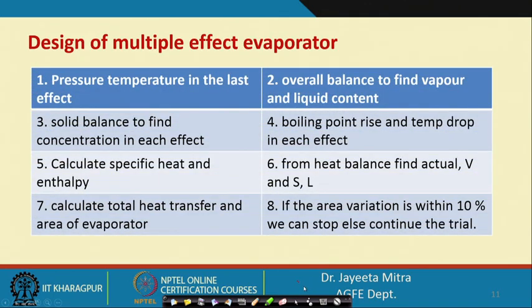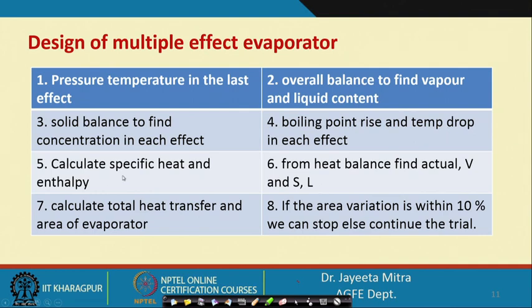So, steps will be this way. First is pressure and temperature in the last effect, because the pressure is given, so temperature correspondingly we can calculate. Then an overall balance to find the vapor and the liquid content. Then a solid balance to find the concentration in each effect. From the concentration we can calculate boiling point rise and temperature drop.